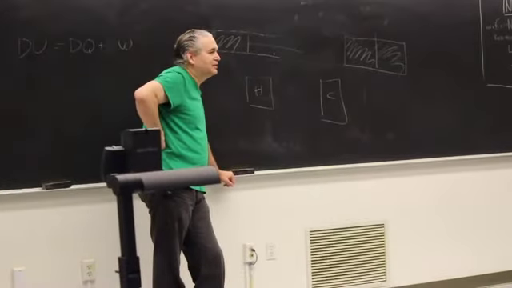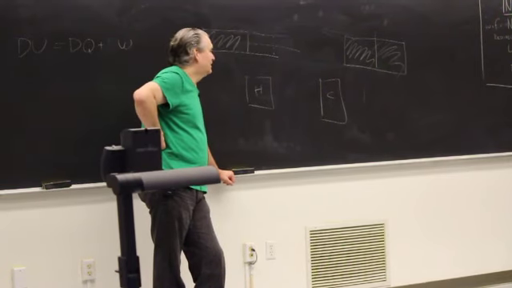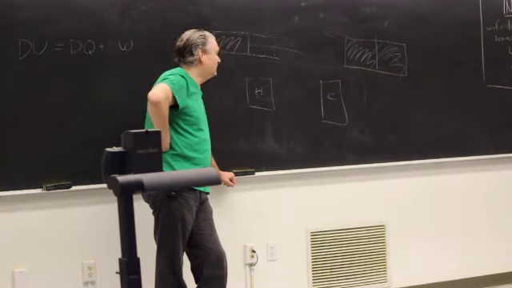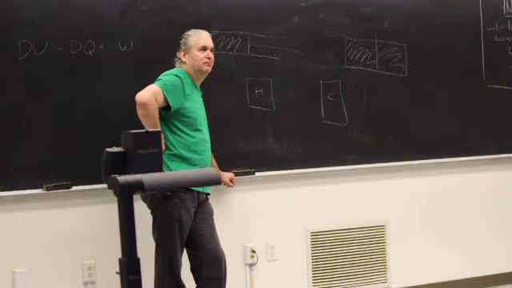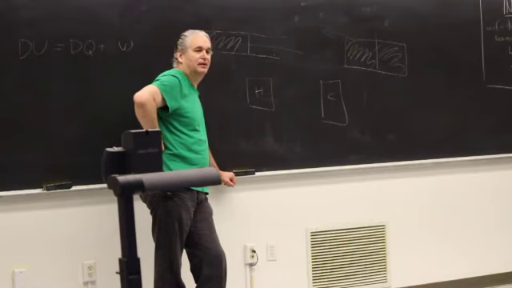Say to yourself, all right, what should I say? Let's try this. There can't be any thermodynamic transformation in which heat flows from a colder body to a hotter one.